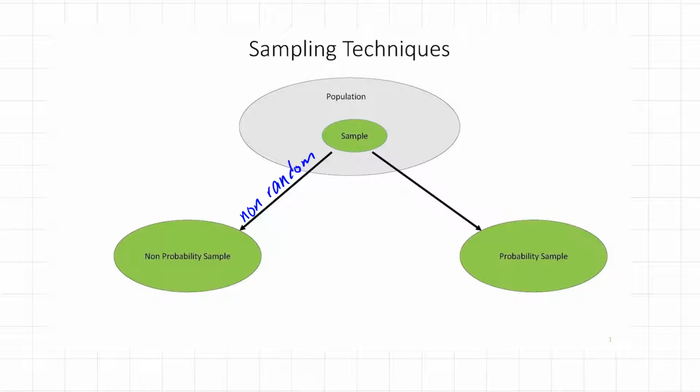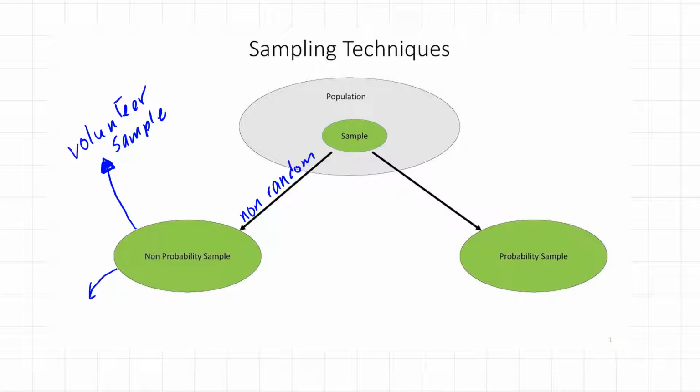An example of a non-probability sample would be a volunteer survey or a volunteer sample. Often you're asked about that when you want to give a review of a restaurant or a hotel. That's a volunteer sample.